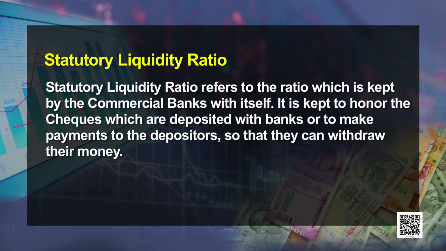Statutory liquidity ratio refers to the ratio of deposits which is kept by the commercial bank with itself, so as to honor the checks which are deposited into the bank or to make payments to the depositors when they withdraw their money.